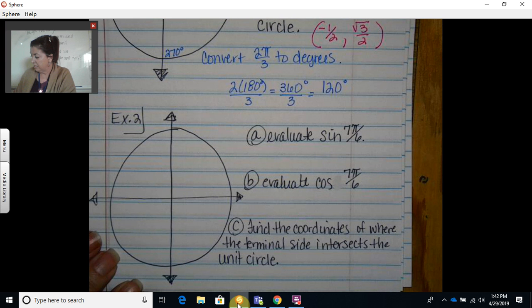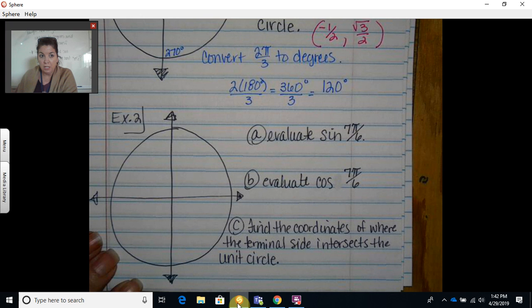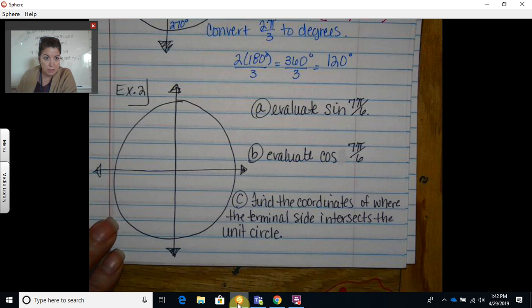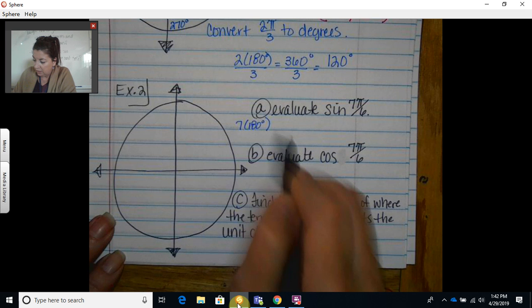All right, so first thing I want to do is figure out where 7 pi over 6 is. That's in radians. We could look back at the unit circle, or we could just convert it to degrees, which is what I prefer to do. So that would be 7 times 180 degrees, quantity divided by 6.